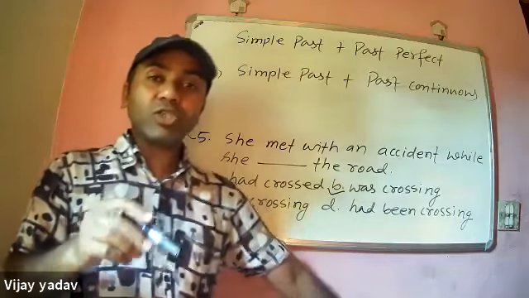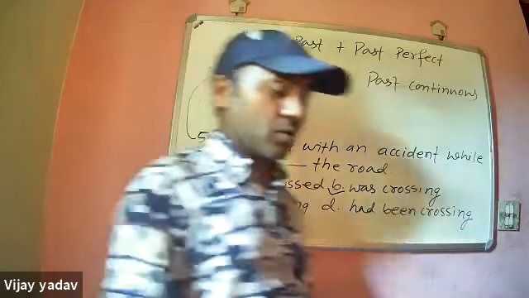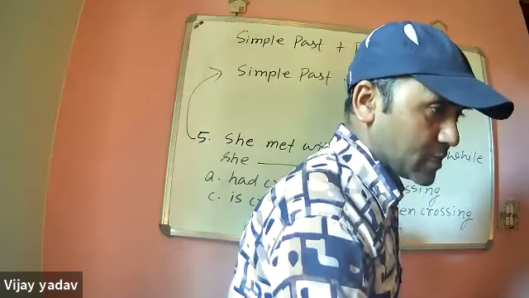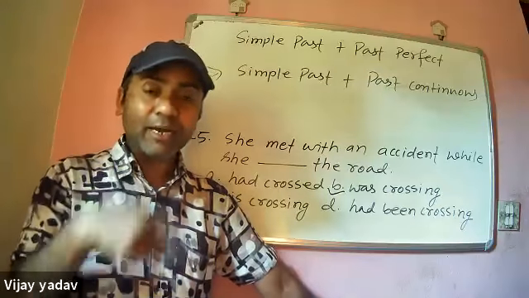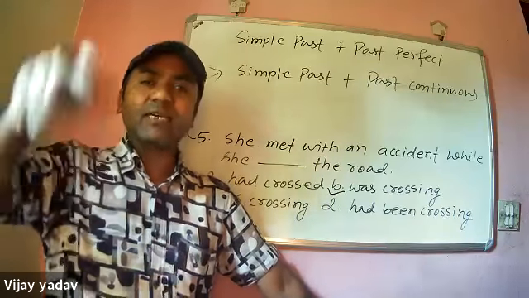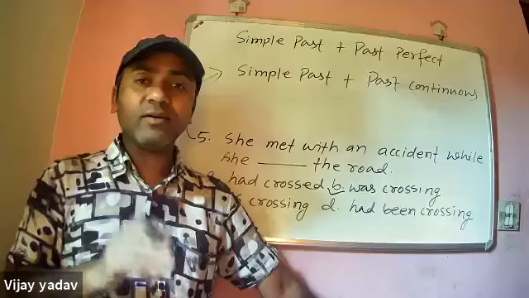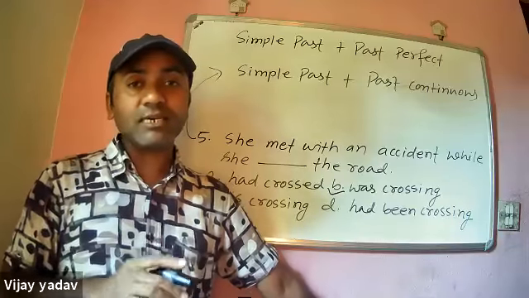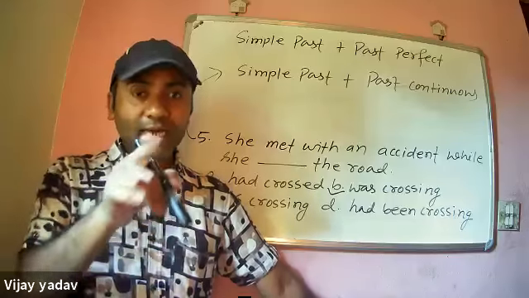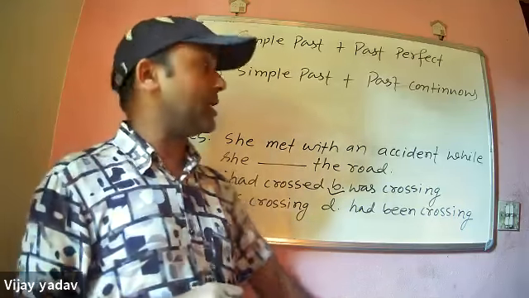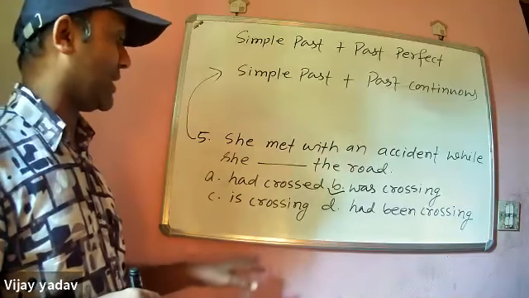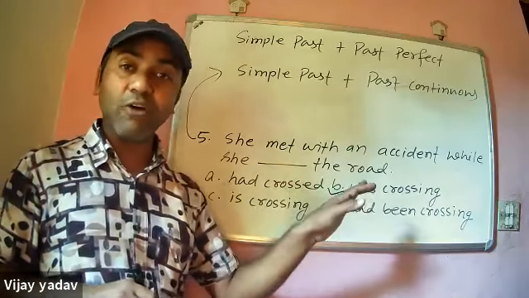Suppose in the past a certain action was going on, and in the meantime another action happened. Whatever action was going on, for that we use past continuous. And whatever action happened in the meantime, for that we use simple past. So she met with an accident while she was crossing the road.